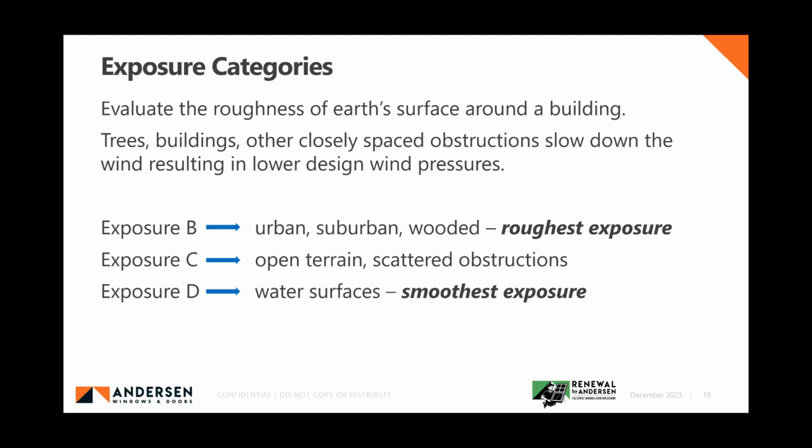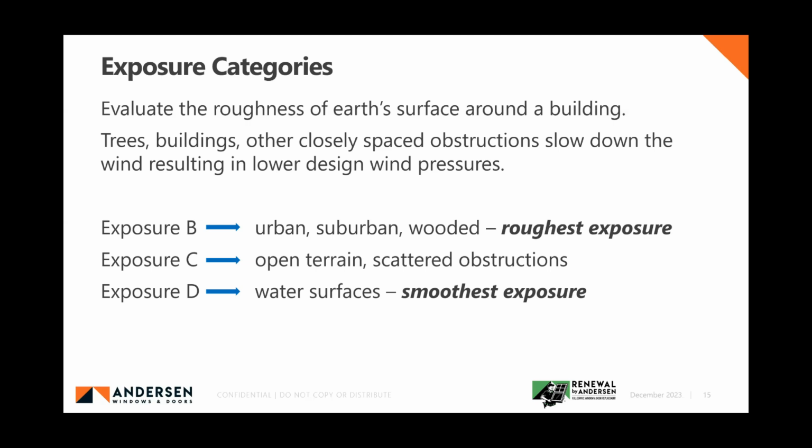So all things being the same, something with less rough exposure is going to be exposed to higher design wind pressures than one located with a lot of obstruction, the middle of a forest or the middle of a city. So we approximate this condition with these exposure categories.